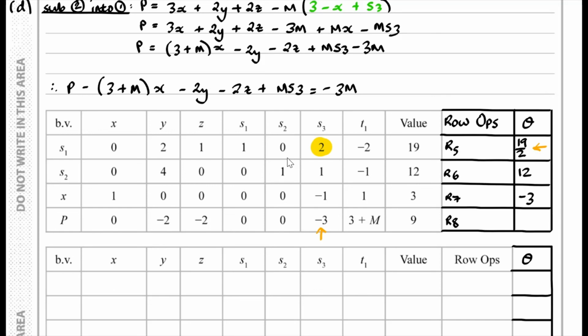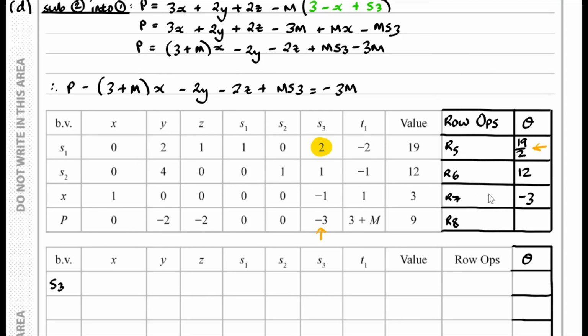Our pivot corresponds to this S3 column, so this enters the basic variable. So instead of us having S1, we'd have instead S3. So let's just write that down. We have here S3 instead of S1.